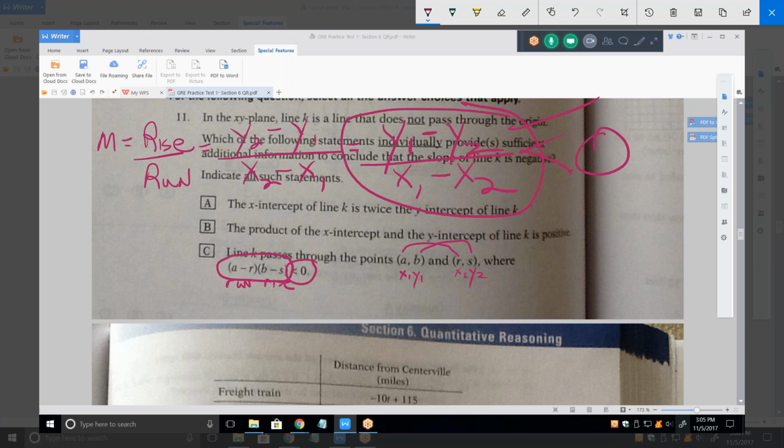So the y's are all negative? No, we don't know if the y's are negative or positive. But what we know is, see where I'm check marking? This right here.